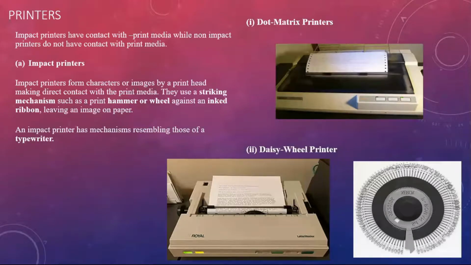The wheel we use in these printers has the characters. Each time the hammer hits the position of a character on the inked wheel, it leaves that character on the paper.